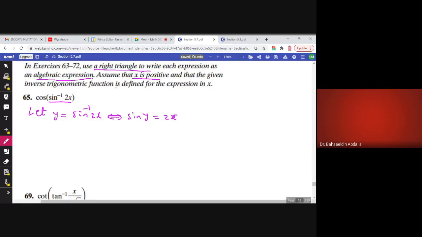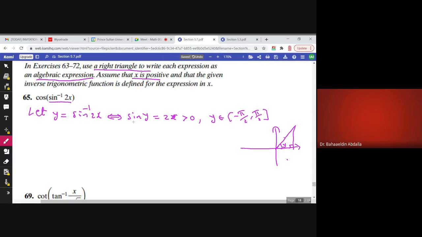And he said that x is positive, so this is positive. So sine is positive. And y is between negative pi over 2 and pi over 2, so either in the first or the fourth quadrant. But sine is positive, so it must be in the first quadrant.